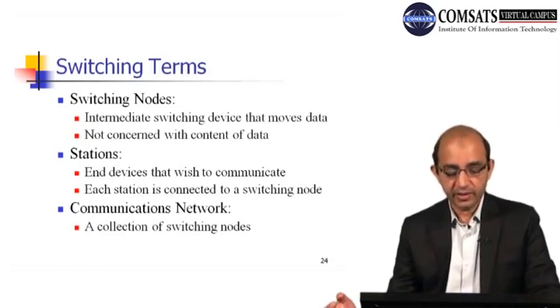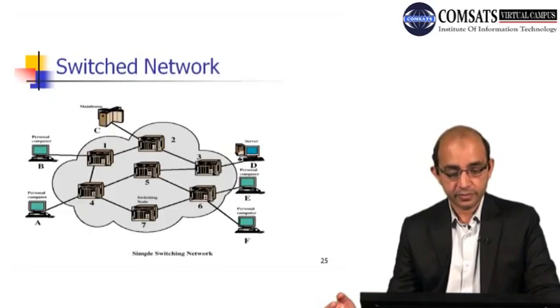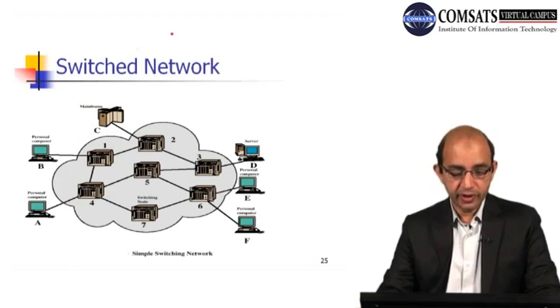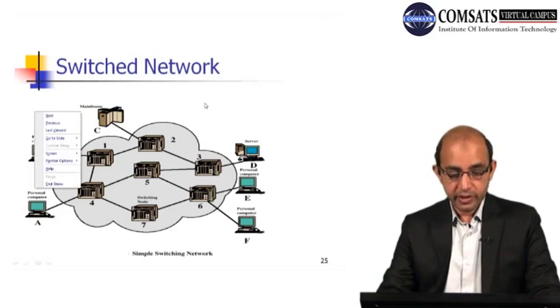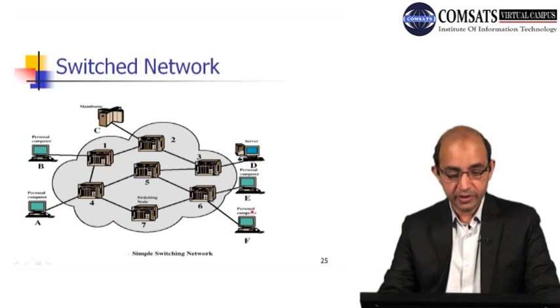It's actually a collection of switching nodes. So here we have a switched network. You can see that we have PCs, and then we have the switching nodes, right? These are different switching nodes, and here we have a server PC, and this is the mainframe.